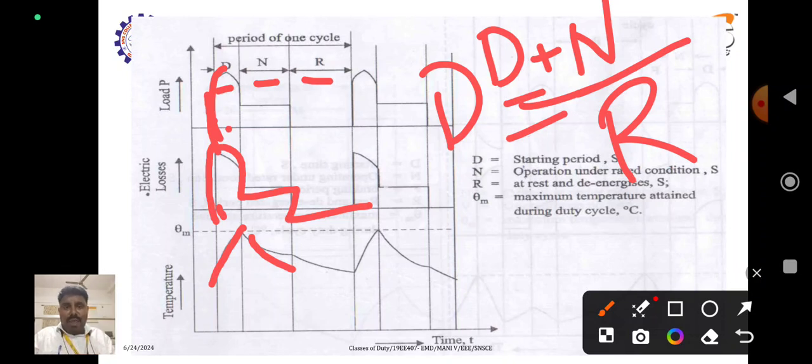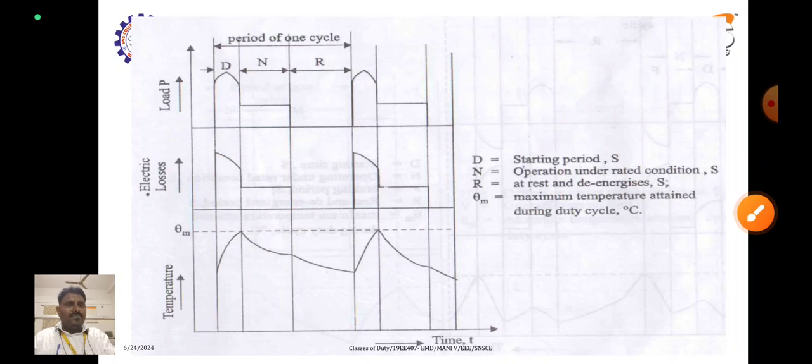Within a fraction of a second, once it reaches the rated speed, it comes back to the ordinary operating condition. So the losses as well as temperature go down slowly. Once the machine is turned off, it cools down.